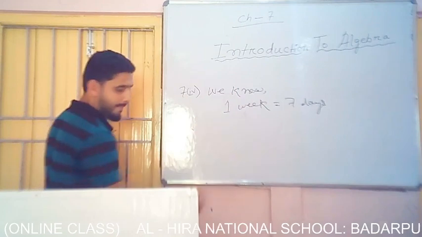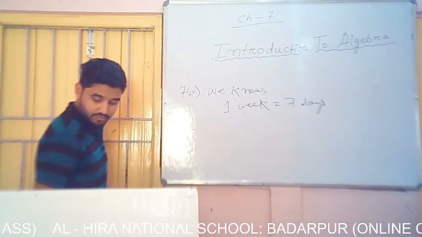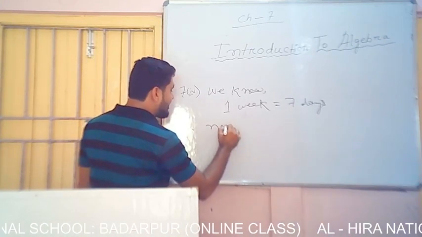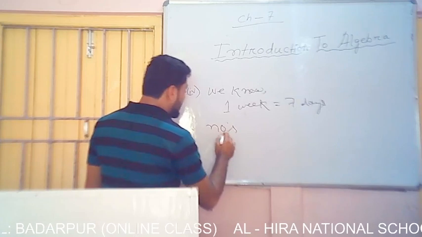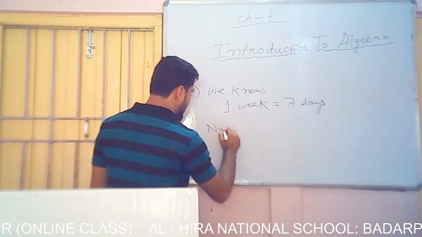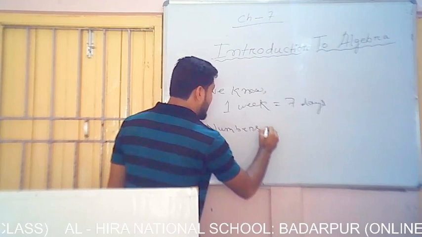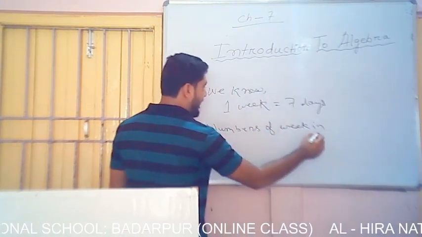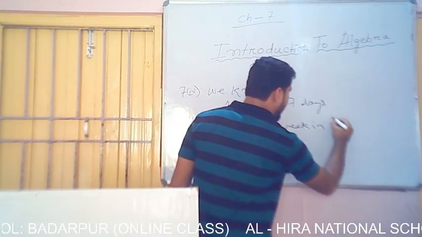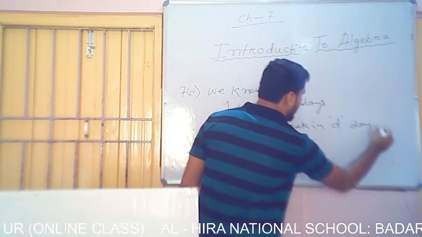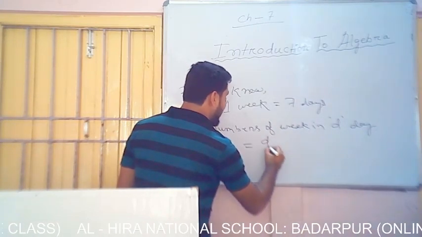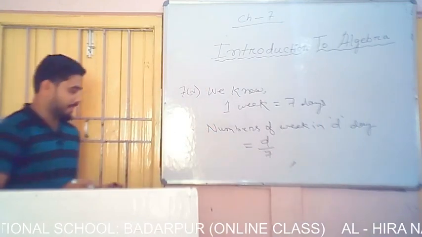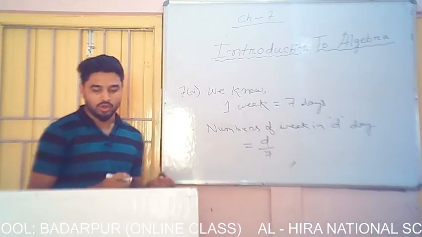Therefore, the number of weeks in D days equals D by 7. That is your answer. D by 7 weeks.